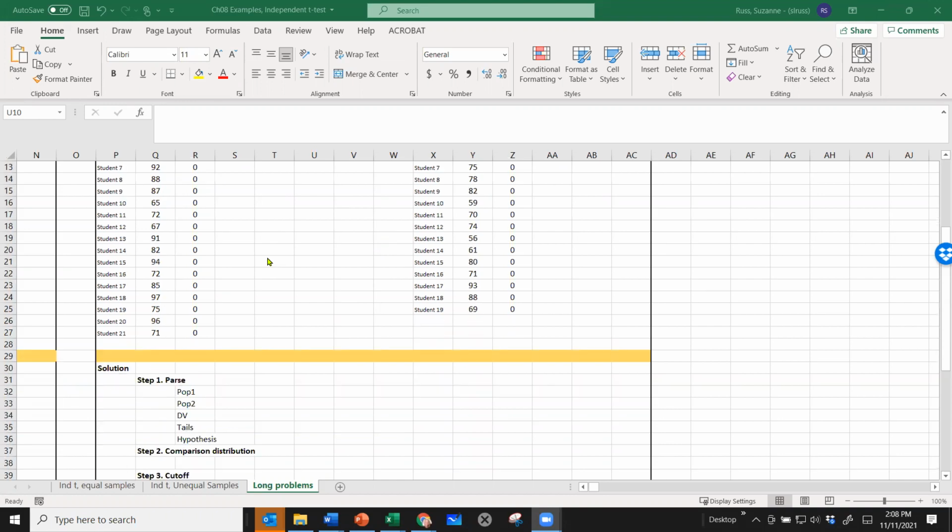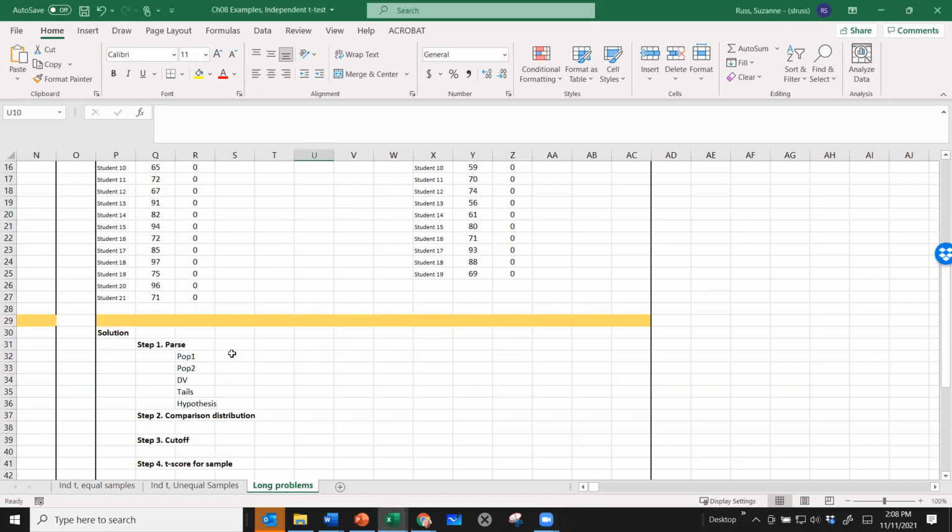First, I'm going to scroll down and put the basic steps that we work with every time. Population 1 in this class is students who teach a statistics technique to somebody else.